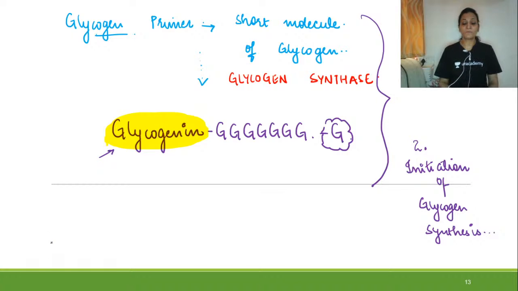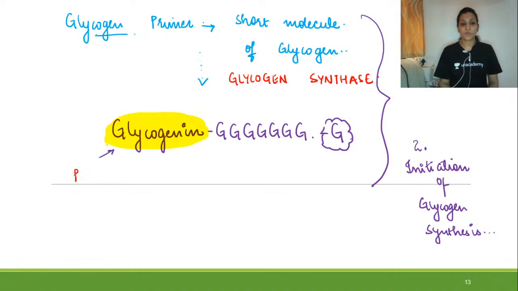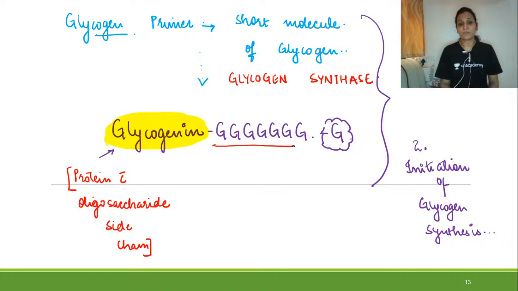Glycogenin is a protein with an oligosaccharide side chain. Can you see the oligosaccharide side chain? This is the side chain I'm talking about.